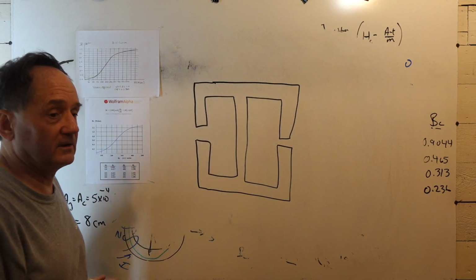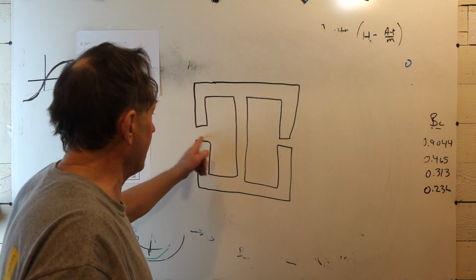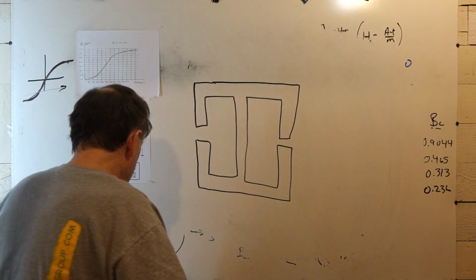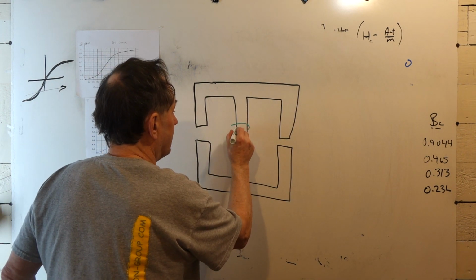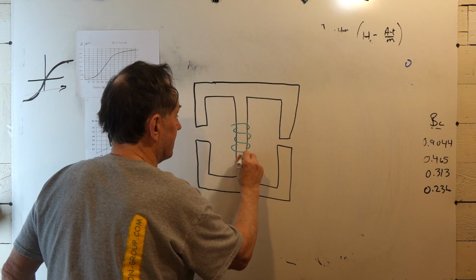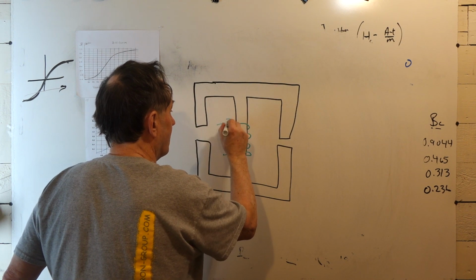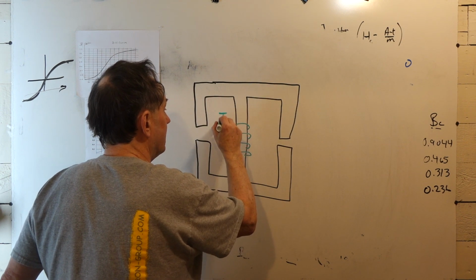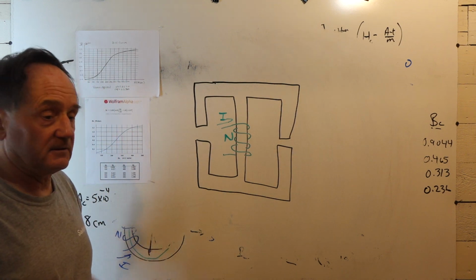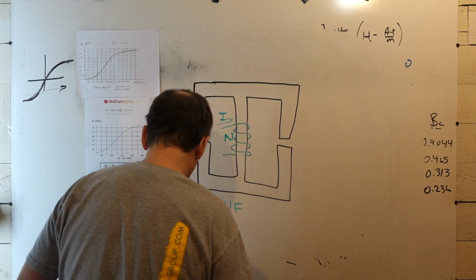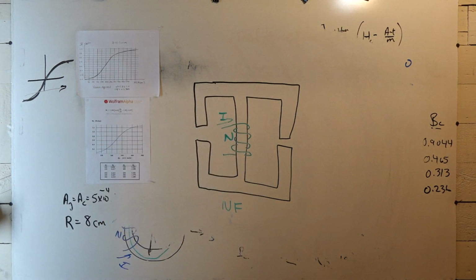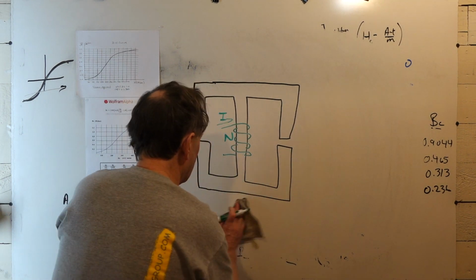Here we have a more complicated core material, and we have two air gaps. And what we would do is wind a coil around the center, put a current in it. We have N turns, and there's our current that establishes our magnetomotive force that activates this network.